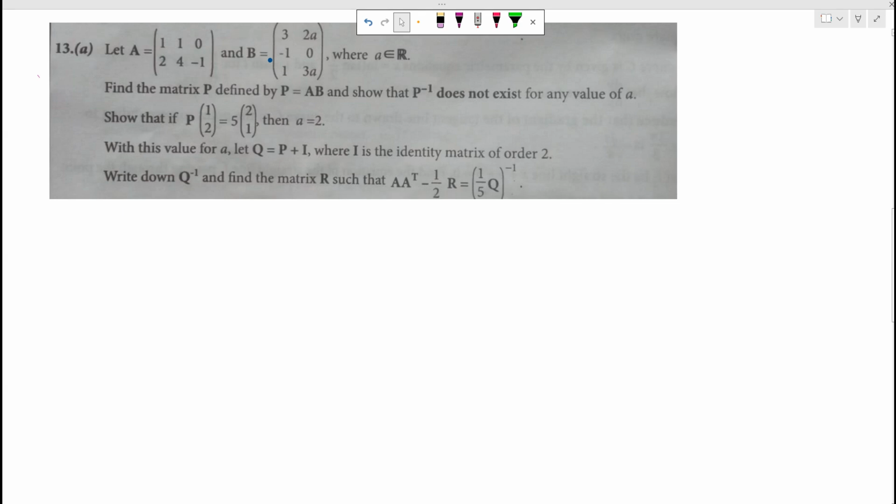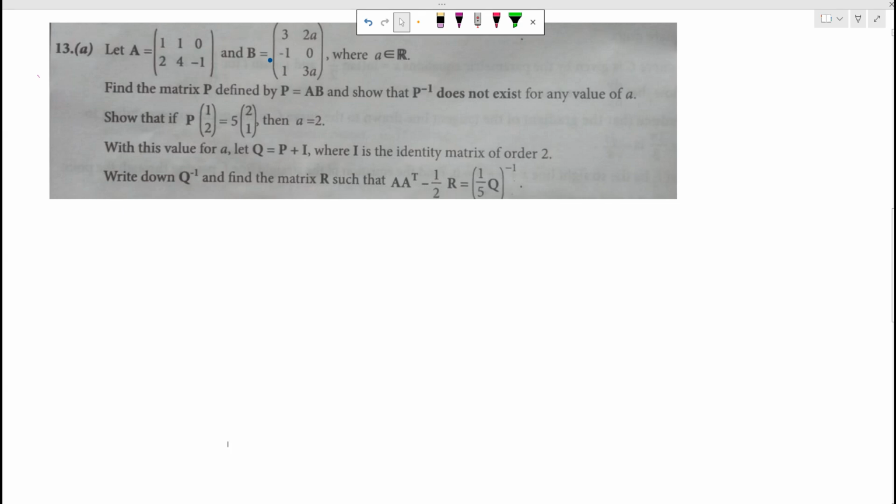Now P is also given. Find the matrix P defined by P = AB and show. Now we have to find P, which is the multiplication of A and B, and in P the entries will be in terms of a.